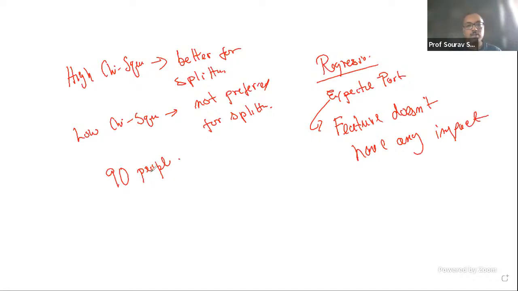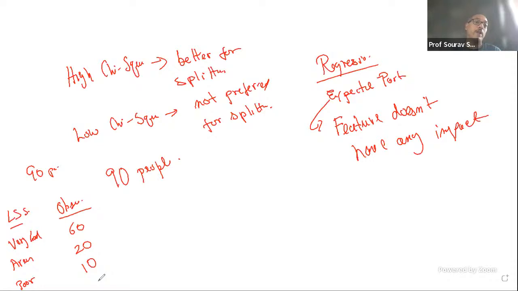In that case, whatever is observed, let's say for LS sessions, of those 90 people we observe that 60 of them get a very good score, 20 get average, and 10 get a poor score. That's the observed one.